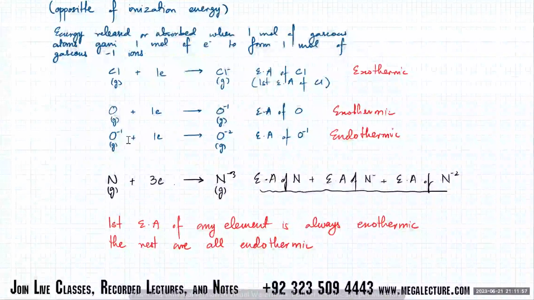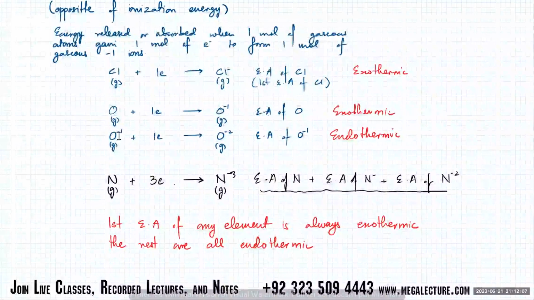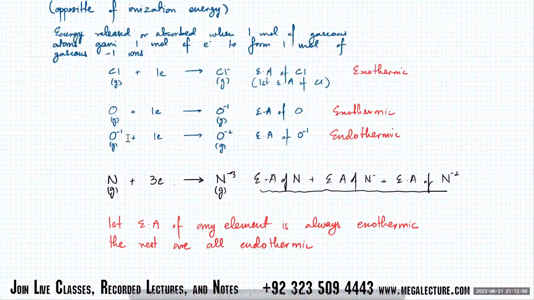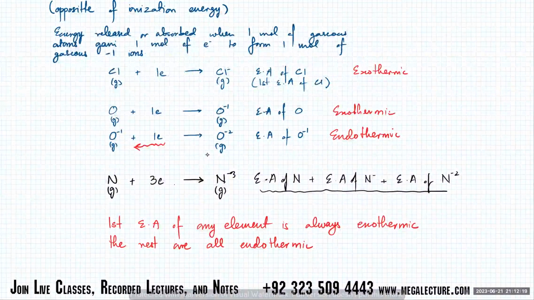Because now it's a negative ion. Negative ions don't attract negative electrons. Negative repels negative. So it becomes extremely hard for the ion to actually gain electrons. The only possible way that the repulsion can be overcome is that the electron is made energetic. So you would have to give the electron energy, which is why it's endothermic.